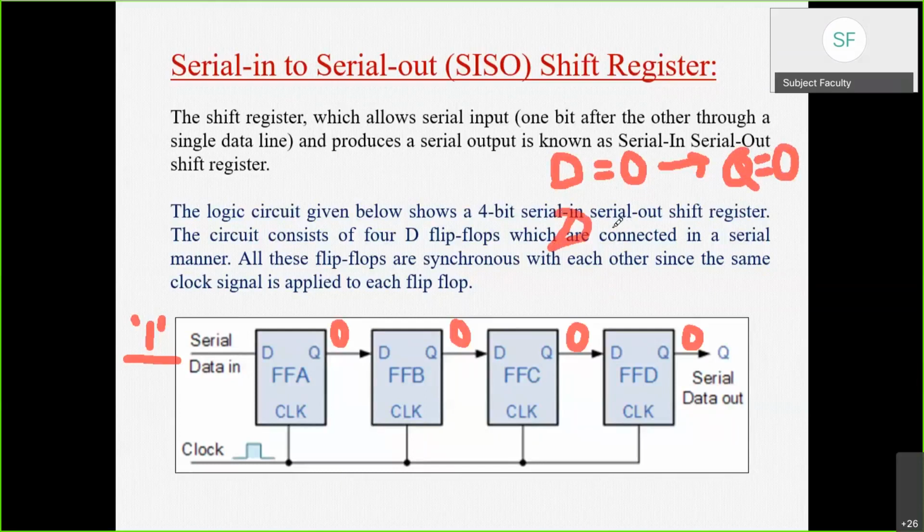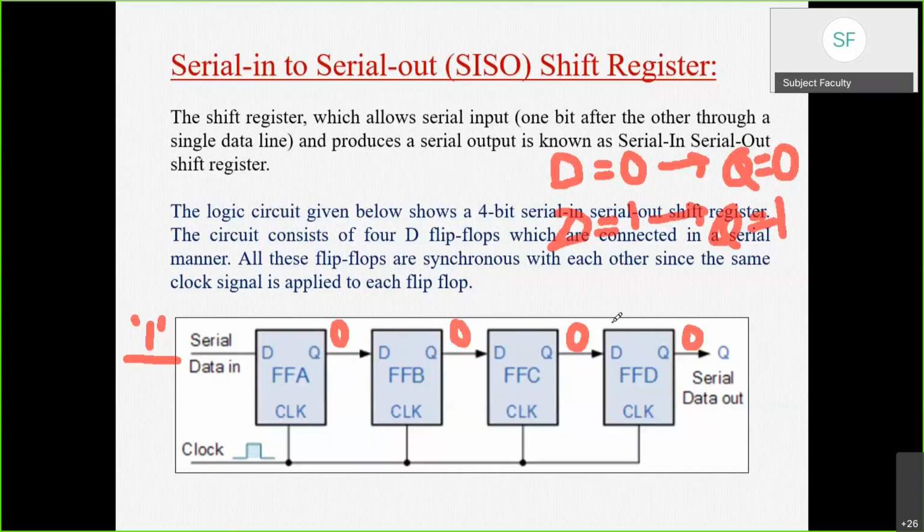Similarly, when D equals 1, then Q will also be 1. So it is quite simple. That means the output of the flip-flop will simply copy the input. If input is 1, then output is 1. If input is 0, the output is 0. So initially, our sequence was 0 0 0 0.